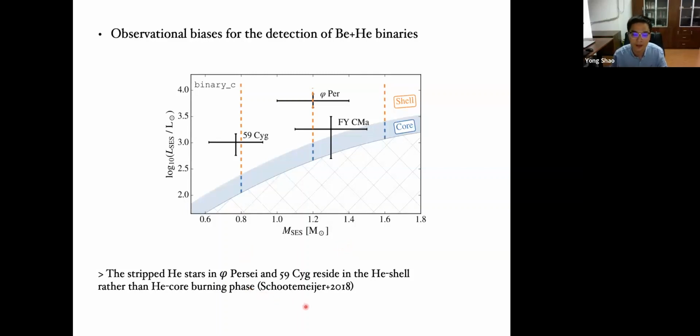About a dozen of such binaries have been observed in the Milky Way, and two of them have the stripped hidden star in the hidden shell phase. This phase is very short. So why can we observe them?